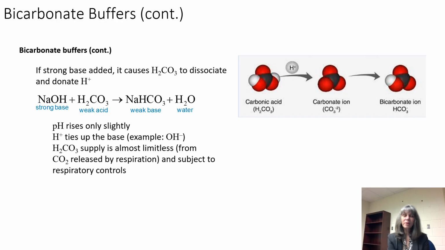Conversely, if a strong base is added, that can cause carbonic acid to dissociate and donate a free hydrogen ion. So in this case, if pH rises only slightly, we get that strong base of sodium hydroxide being added to the weak acid, which is carbonic acid.